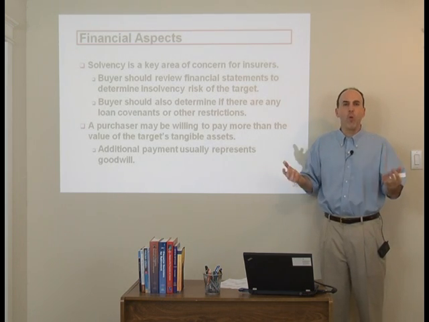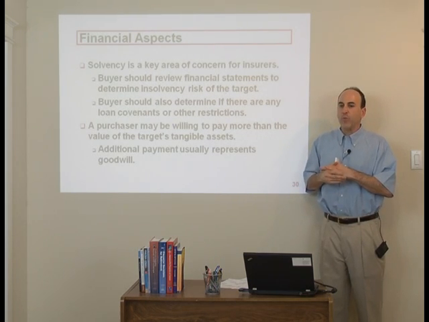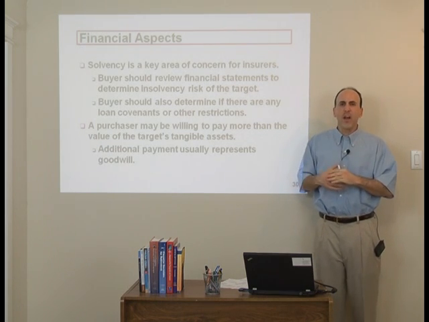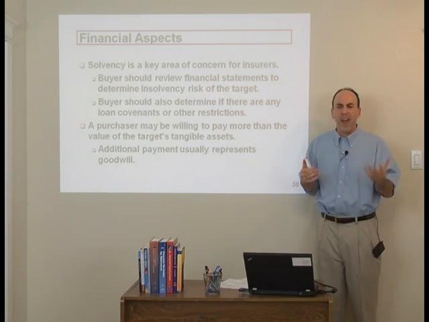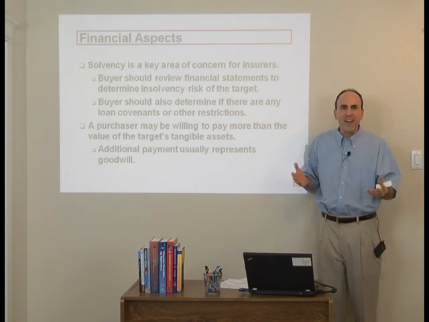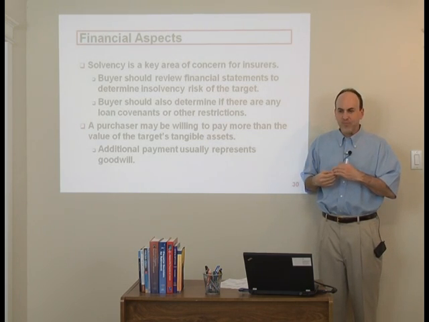Why would I pay more over and above the value of the company's tangible assets? Well, the reason is because the target company may have a certain amount of expertise, certain competitive advantages, maybe brand name, something like that, which is an intangible asset. So that's why I paid the extra amount.